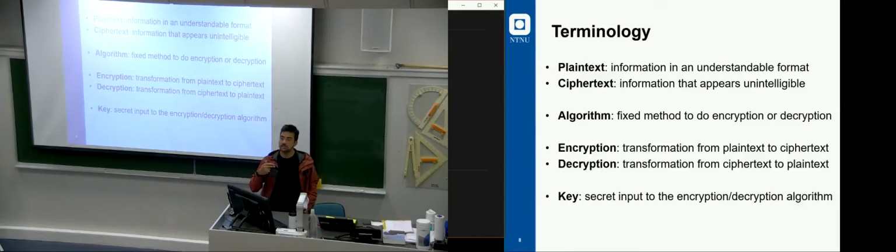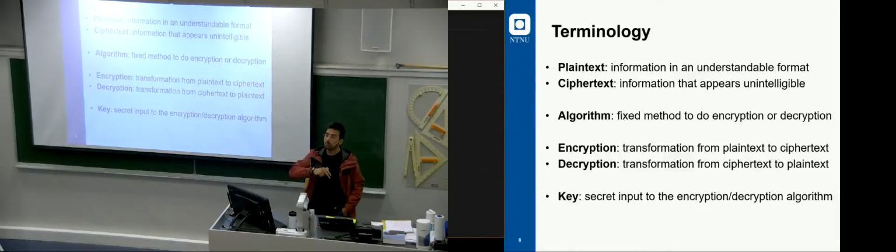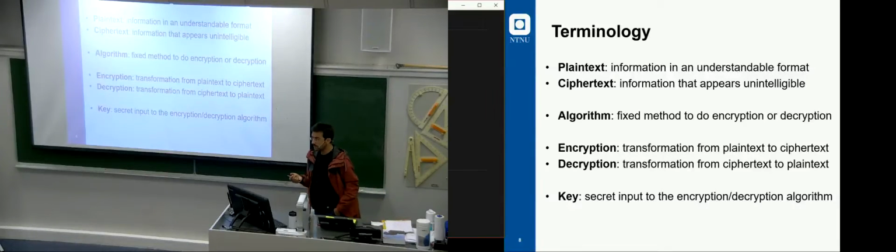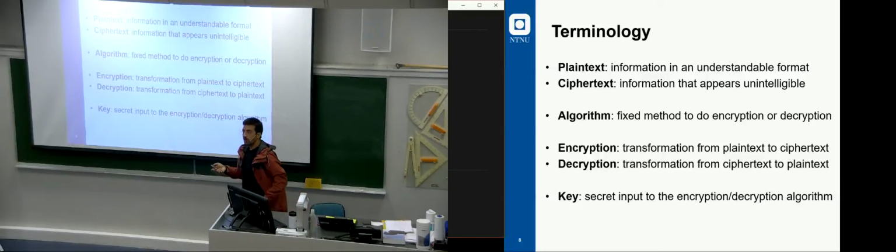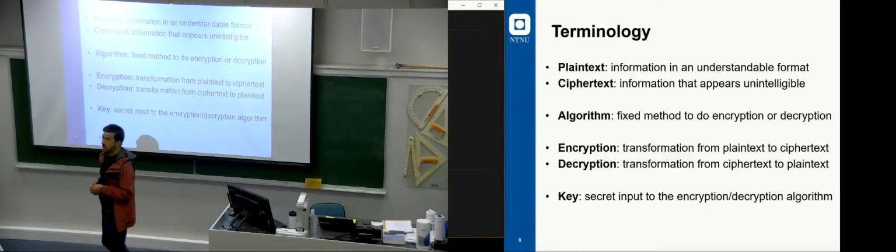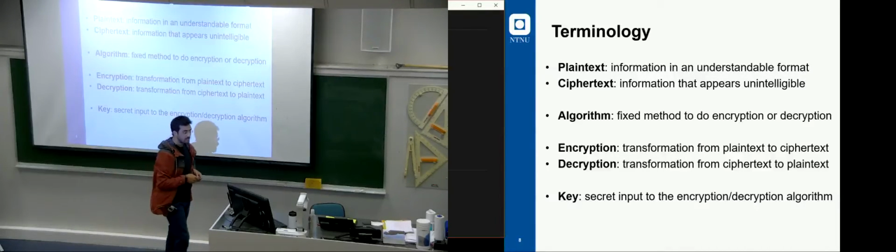Only the people between whom the information is being transmitted know the key. If I tell you the key is this and the information is this, there is no way for other people to know the information unless they have the encryption keys or the decryption keys.